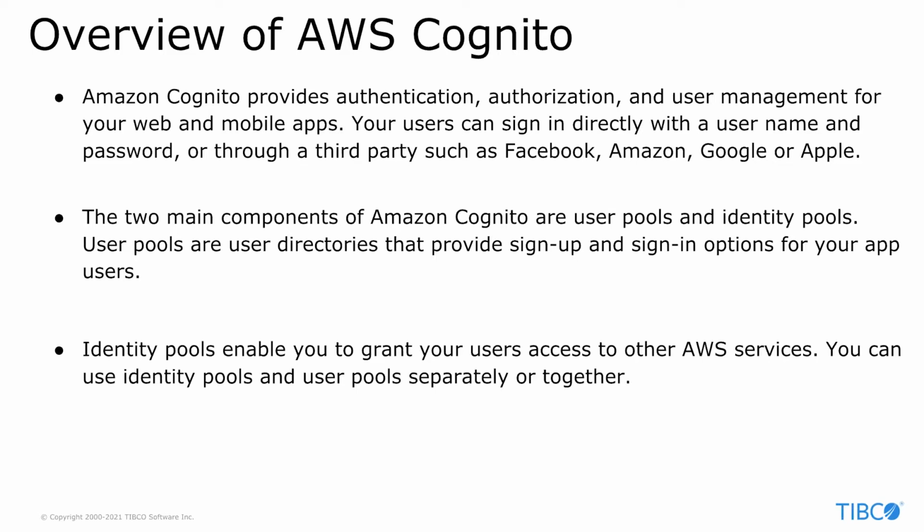We're going to cover just user pools and connecting. The two main components of Cognito are user pools and identity pools. User pools are directories or external directories that you're connected to, like Facebook or Google, and they provide sign up and sign in options for the users of your applications. Identity pools enable you to grant access to other AWS services. That's a little out of scope today as well.